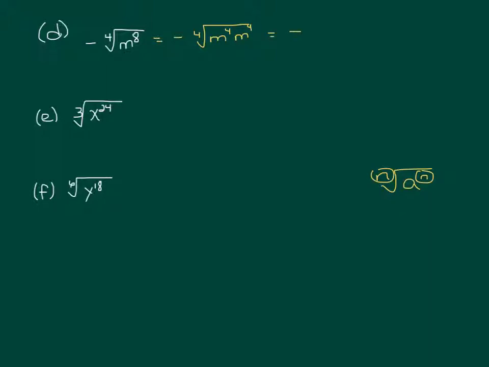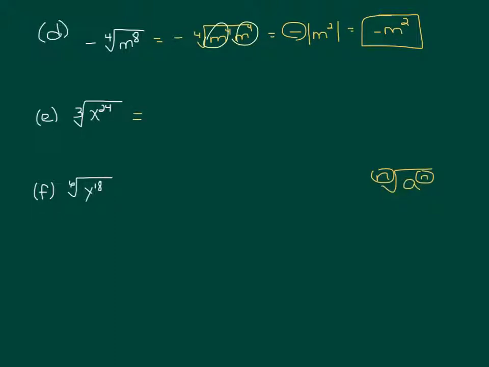So it's going to be negative absolute value of m squared, because I have 2 of them coming out. And if I'm squaring a number, it's going to be positive. So the absolute value of m squared is just m squared. And then I have this negative in front, so my final answer is just negative m squared.